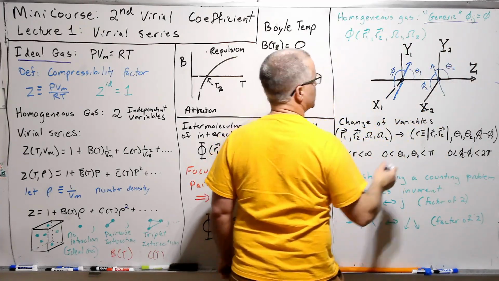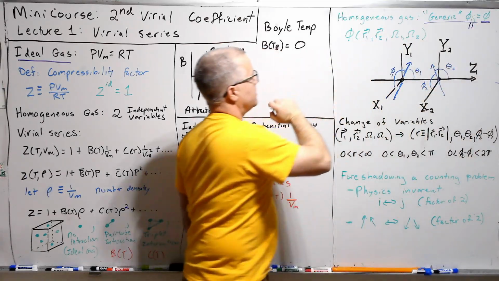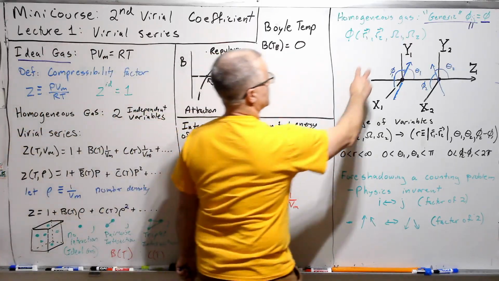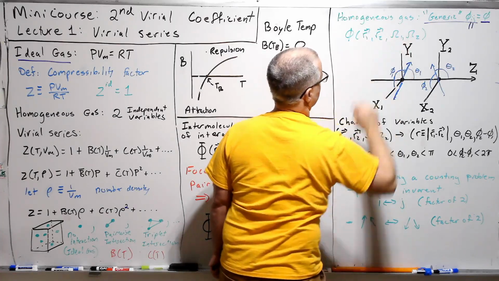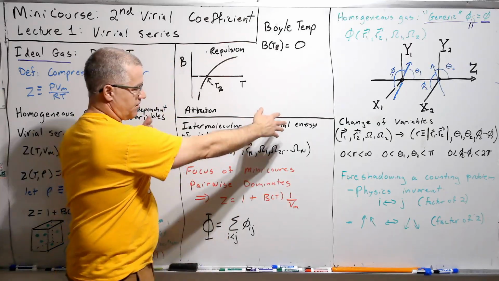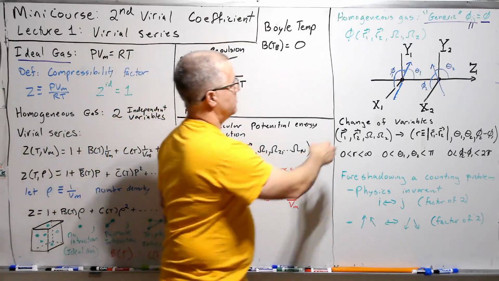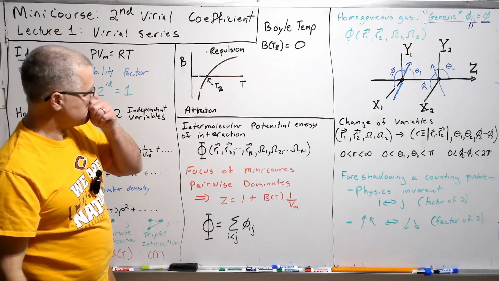So the individual, IJ, we're just going to call that phi, and it's only going to depend on the generic position 1 and 2 and the orientation 1 and 2. So we reduce from Avogadro's number of independent variables down to 4 independent vector variables here.